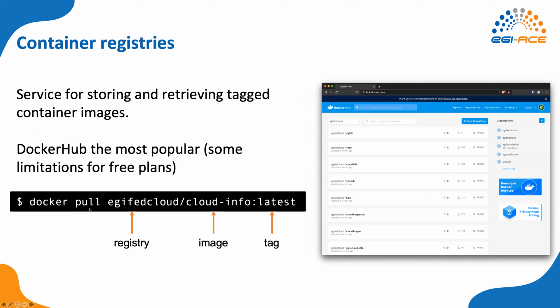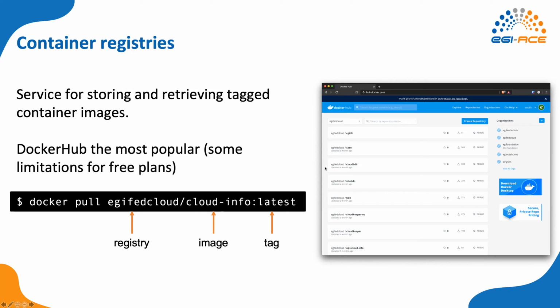So this is pulling the image in this registry, which is called EGI Cloud. It's just a name. The image is cloud info. That's kind of the container we want to run. And the tag is, you can have different versions of this thing.